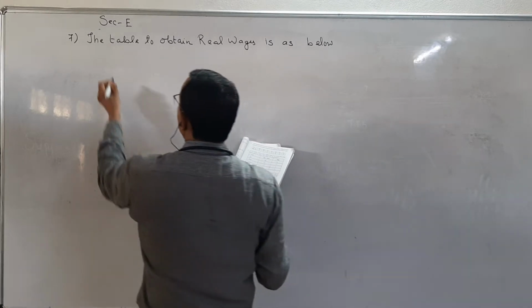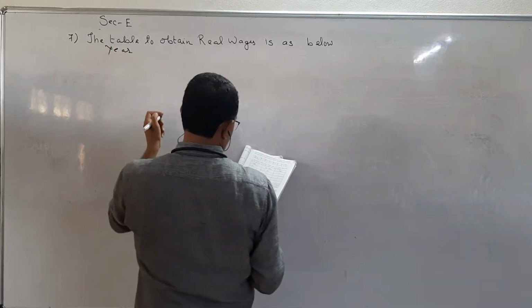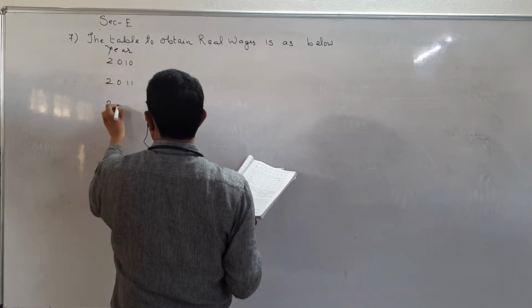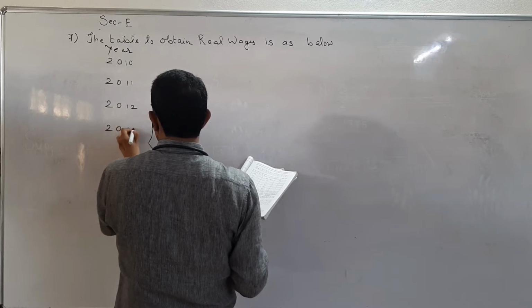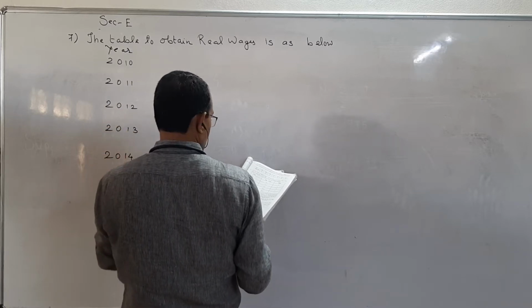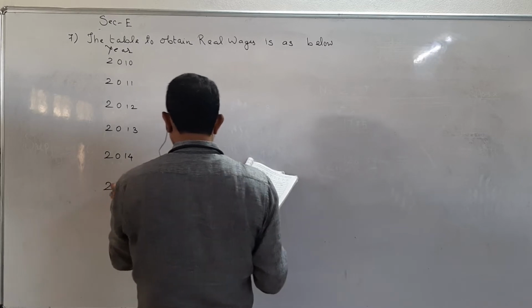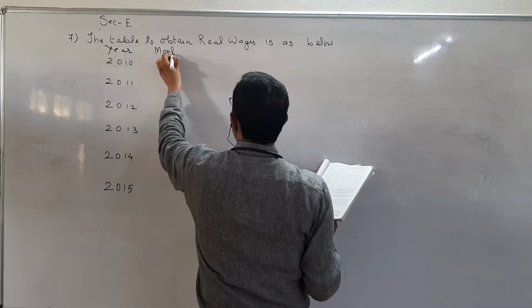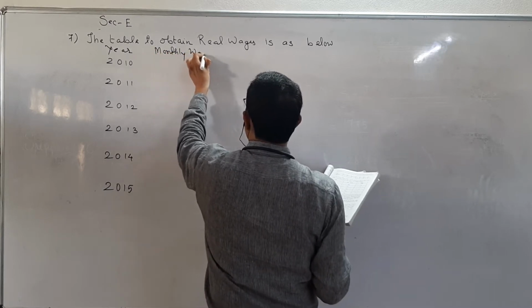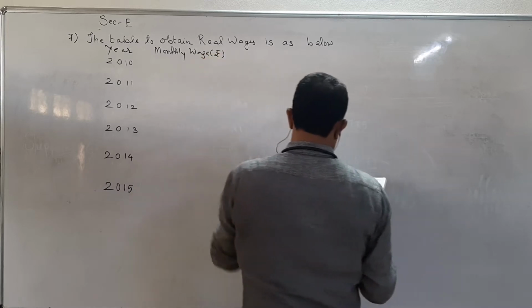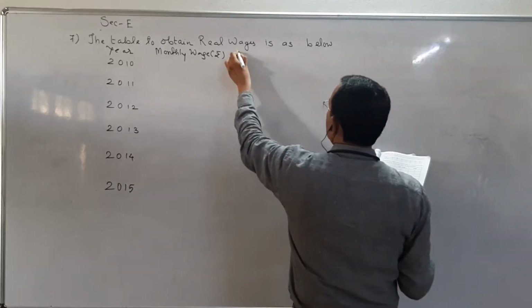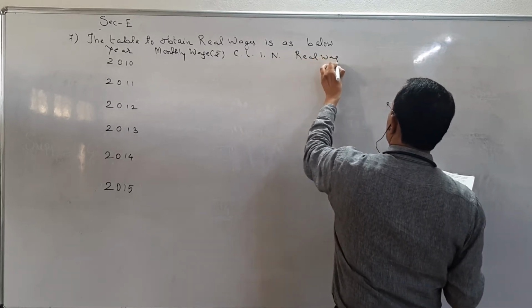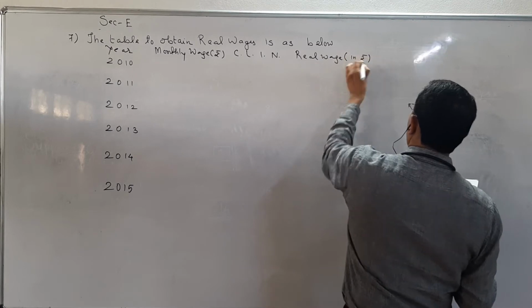The first column here, leave two lines between consecutive years: 2010, 2011, 2012, 2013, 2014 and 2015. Then monthly wage in rupees. Then cost of living index number, and then real wage, that is also in rupees.